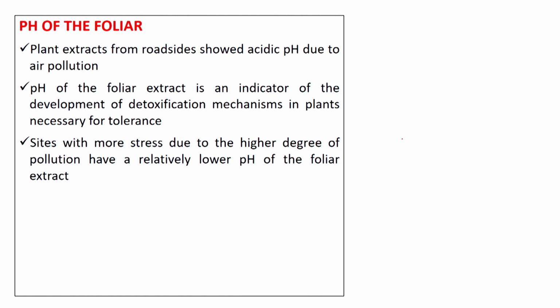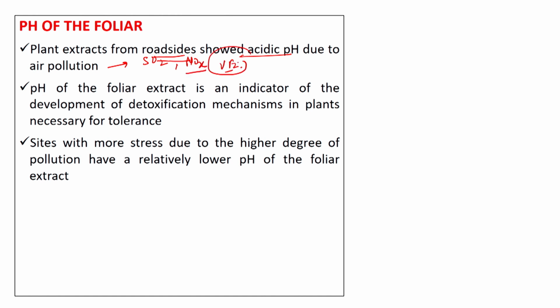So, the pH of the foliar extract is also very important. The plant extracts from the roadside showed acidic pH due to air pollution. Because in the urban area roadside we have high air pollution, SO2 is coming from the vehicular emission.